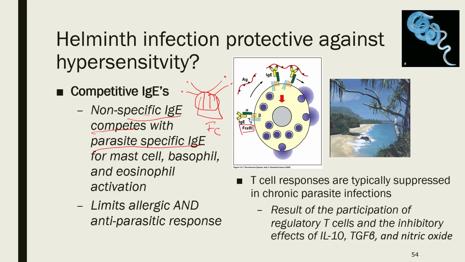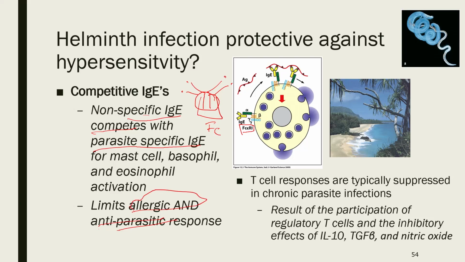So they are competing for binding, and once these parasite-specific IgE are bound to mast cells, the mast cells will respond to parasite binding instead of to allergens binding to those antibodies.